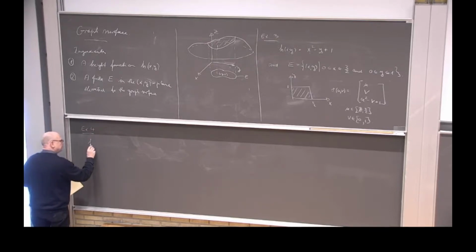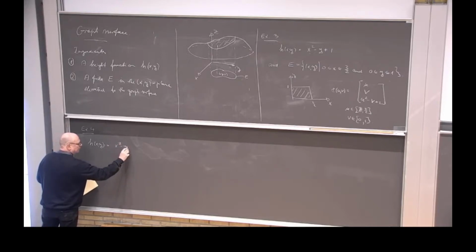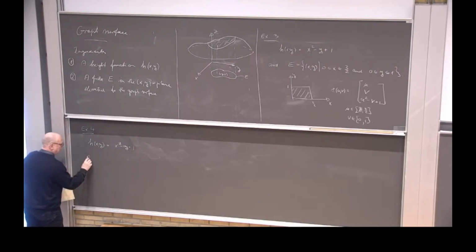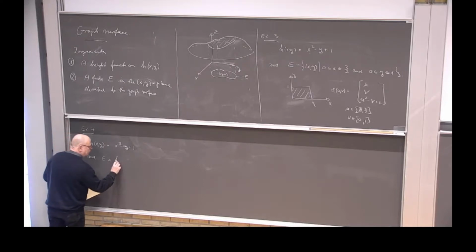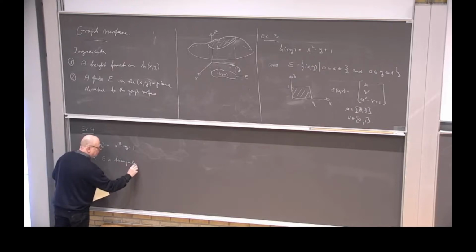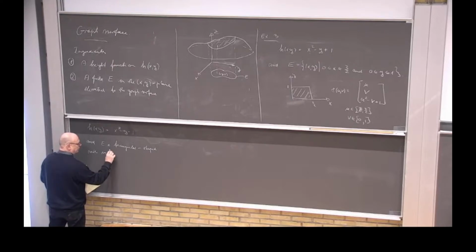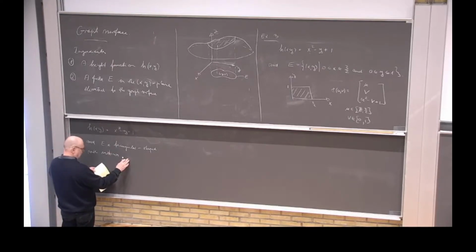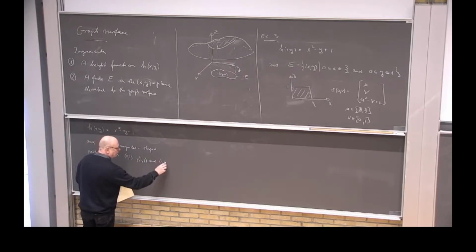We take the same height function x squared minus y plus 1, and E is now triangular shaped and with vertices, let me see, get this right, 0, 1, 1, 1, and 1, 0.